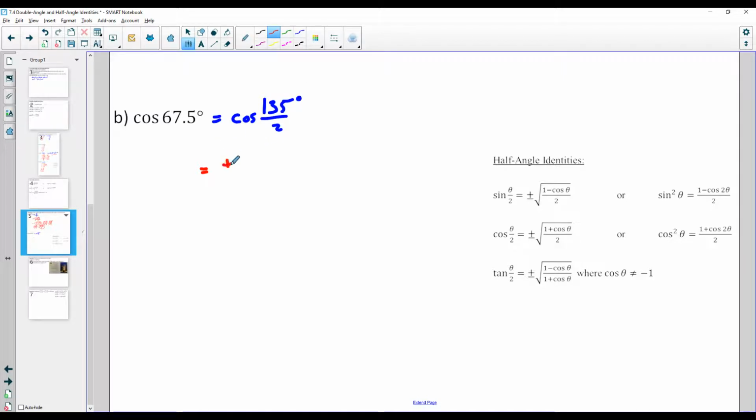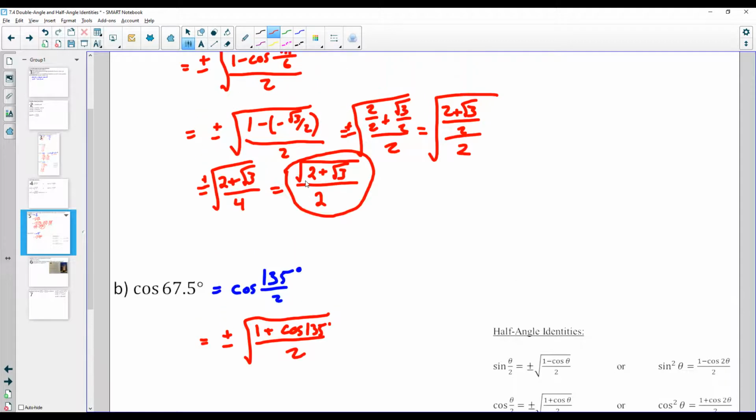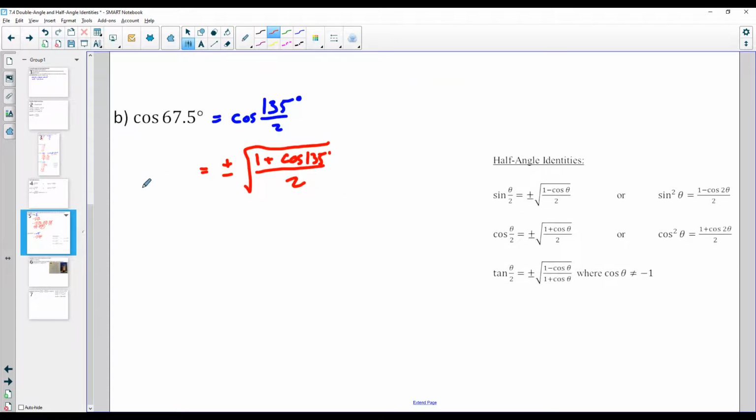It's going to be plus or minus the square root of 1 plus the cosine of 135 degrees all over 2. Oh, and up here, your final answer should be plus or minus because it didn't specify what quadrant we were in. And now, from here, it's just like the other one, just takes a little bit of simplifying. We have plus or minus the square root of 1 plus the cosine of 135 degrees.